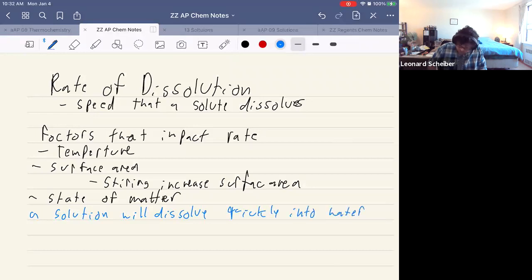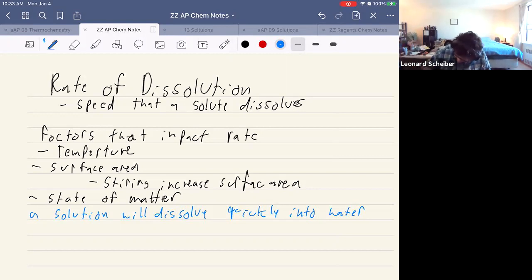In other words, if you have 20 grams dissolved in water and you put that solution into more water, it will dissolve quicker than if you just put the solid 20 grams into that whole amount of water, the solid straight into the liquid. So solutions dissolve well into water, into liquids. Also, liquid solutes and gaseous solutes dissolve a lot faster than solid solutes.